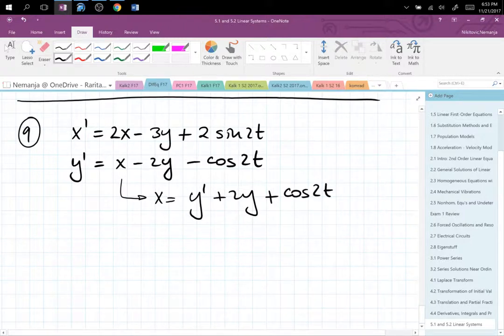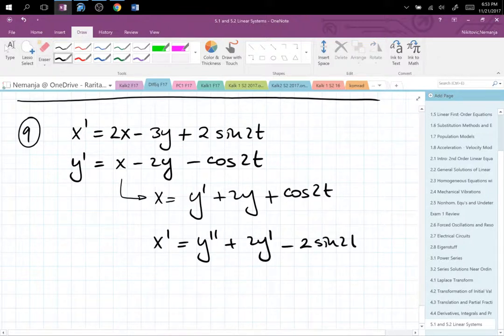And now we are going to differentiate that, to get x prime is equal to, no, y double prime plus 2y prime minus 2 sine 2t.